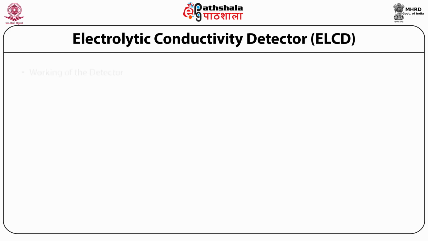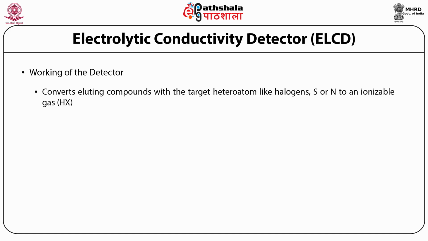Now coming to the working of the electrolytic conductivity detector, it converts eluting compounds with the target heteroatom like halogens, sulfur or nitrogen to an ionizable gas using reductive conditions at a high temperature ranging from 800 to 1100 degrees centigrade in a catalytic microreactor.